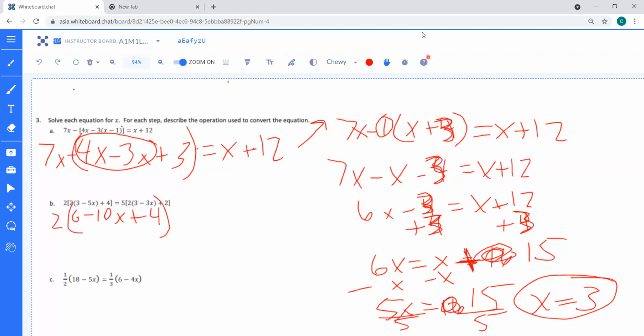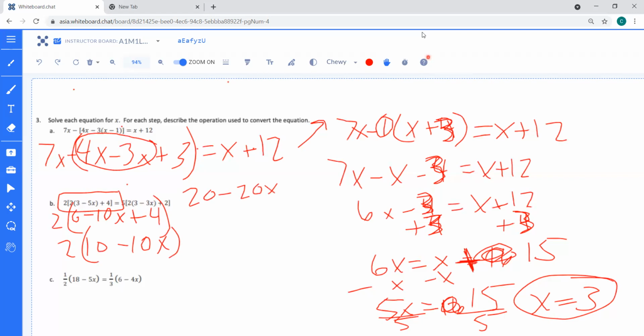All that's 2. So I combine that and get 10 minus 10x times 2. Okay, I'm just working on this side of the equal sign right now, which is going to make this 20 minus 20x.